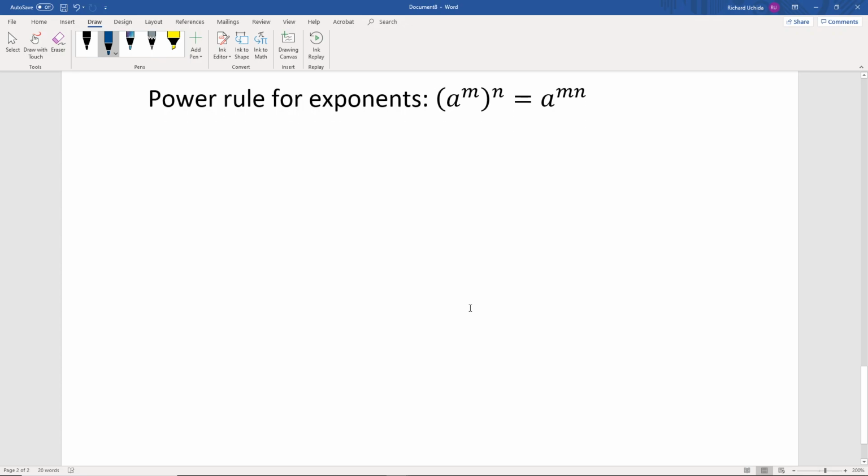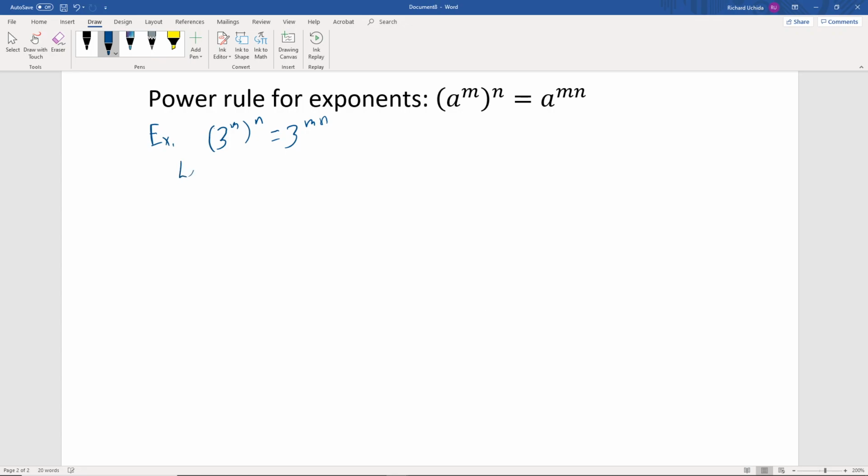Now, if you remember, one of the power rules for exponents is that if you have a to the m raised to the n, then you multiply the exponents, so that's equal to a to the m times n. So again, let's keep the base 3. If we had 3 to the m raised to the n, that's equal to 3 to the m times n.